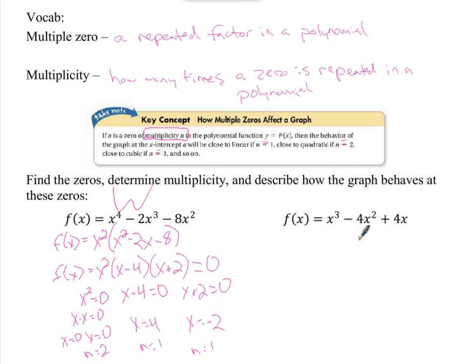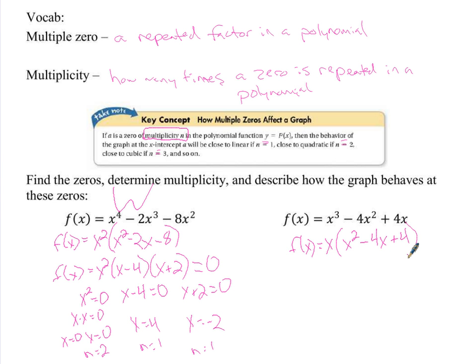Next one, same idea. What do we do? Factor it, so I have f of x. GCF is x this time, times... okay.